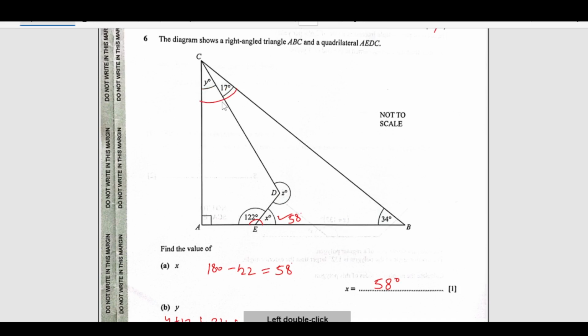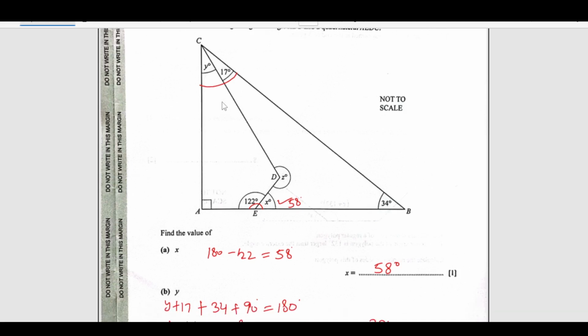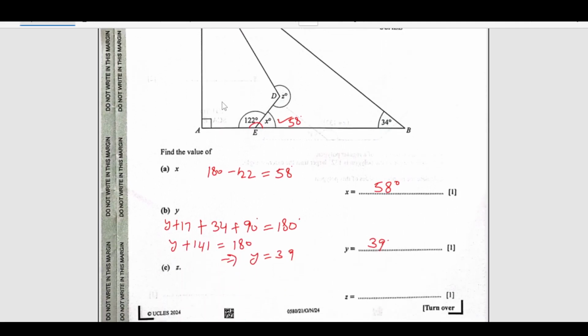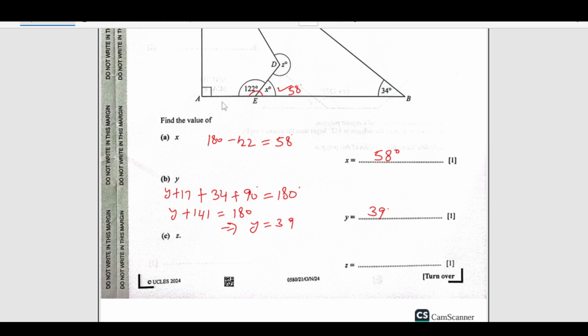This is C, D, E, B, right? So the sum of all these angles is 360. So we are going to add all of these: 17 plus 34 plus x.